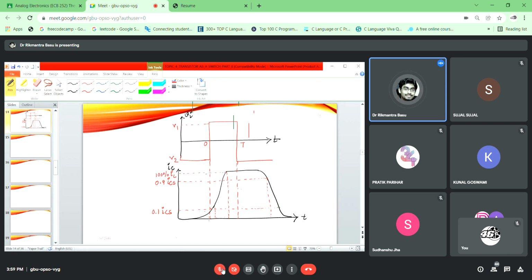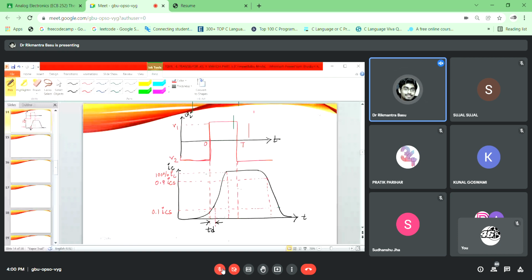So this portion is usually known as TD. If you look carefully, the input pulse increases very sharply. The transition is fast in the same period of time.